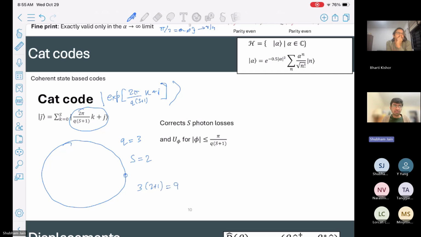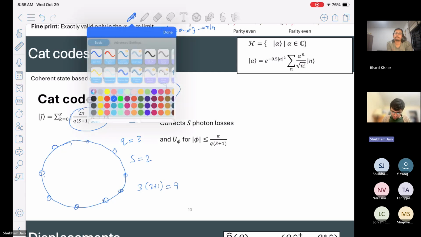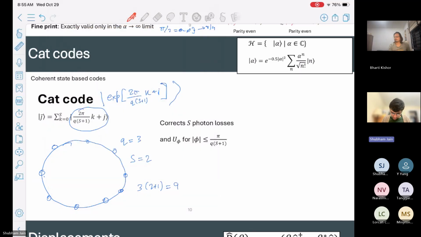So there will be 1, 2, 3, 4, 5, 6, 7, 8, 9 points. And you would choose every third point as being one state. So this guy, and this guy. So this would be one code state.